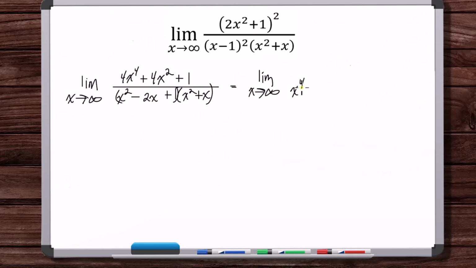So you got x to the fourth plus x cubed minus 2x cubed minus 2x squared plus x squared plus x.